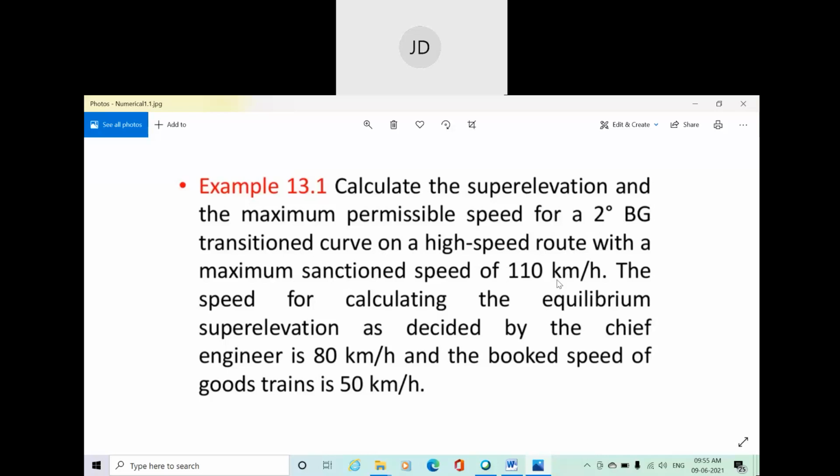About maximum sanctioned speed, we have already mentioned it. The commissioner has decided this sanctioned speed of the train based on overall track condition and the type of the locomotive.